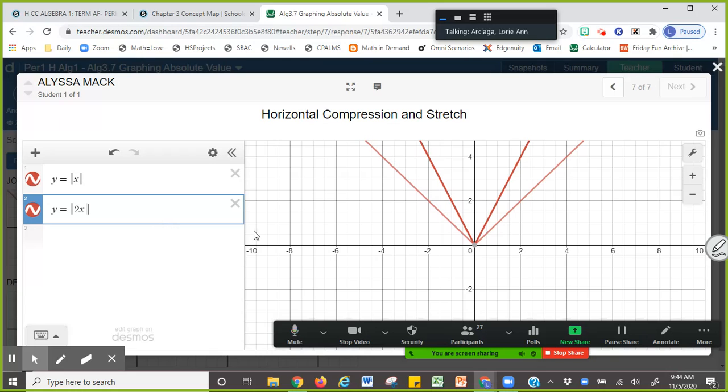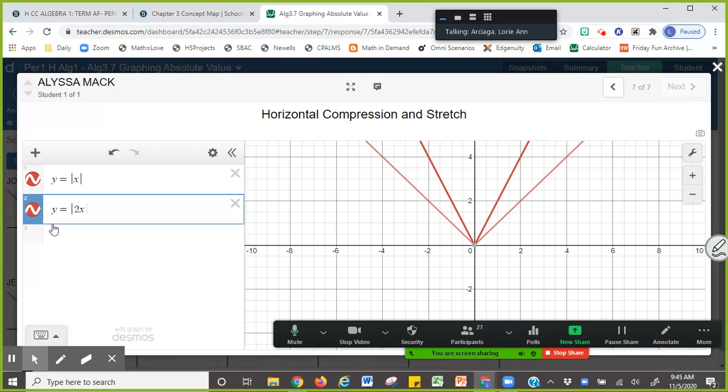So earlier, when you multiply outside, it moved the graph closer to the y-axis. But this time we're looking at horizontal. So the absolute value of 2x now is, what happened?